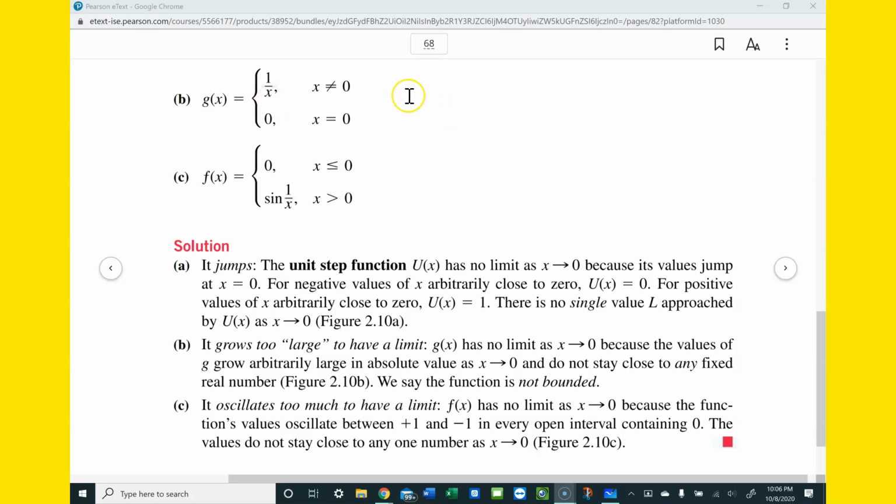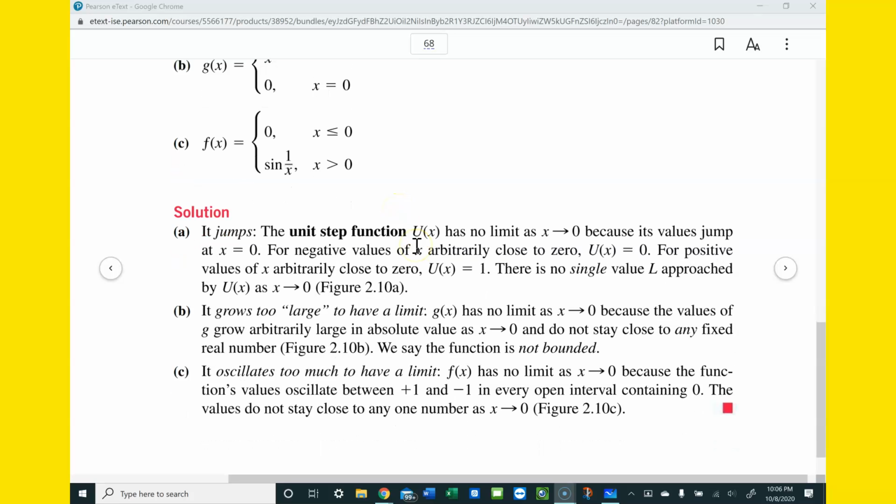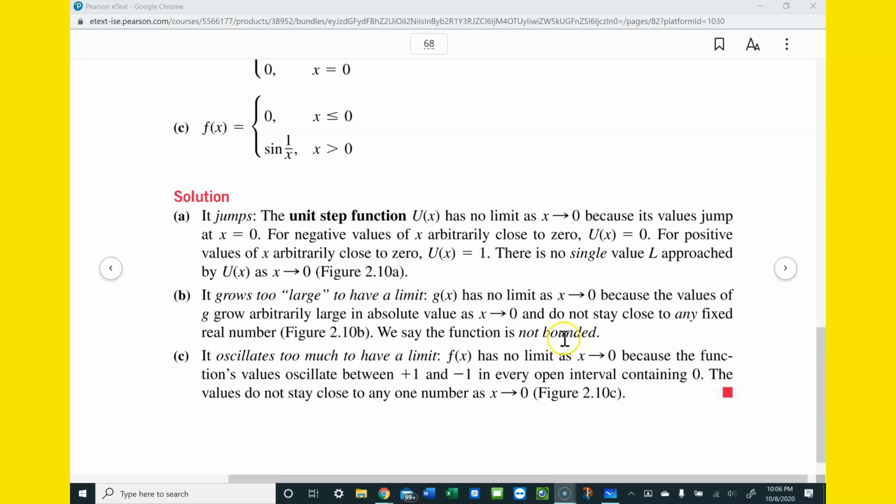And if you imagine getting closer to 0 for x, then you are also imagining the function getting larger. And you can always imagine a larger one. So there's no one value that it approaches. We say that the function is not bounded when that's the case, and so it doesn't have a limit.